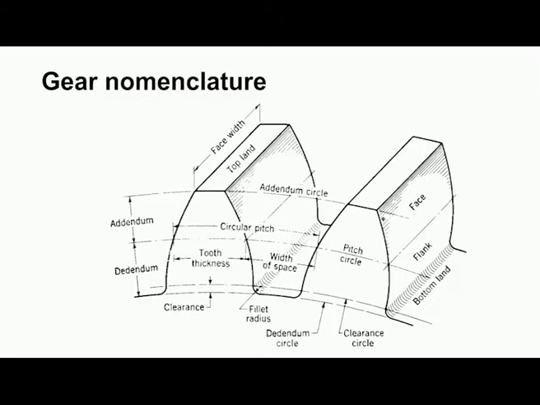On the pitch circle, if we observe here, we have tooth thickness, that means the material thickness is equal to the width of space. The distance from this point to the corresponding point on the next tooth is called circular pitch, and the radial distance from the pitch circle to the addendum circle is called addendum.